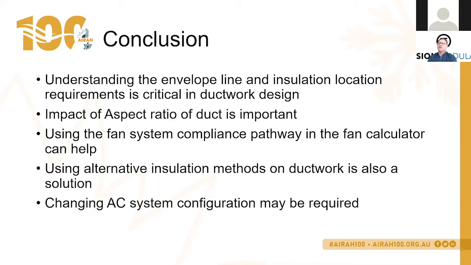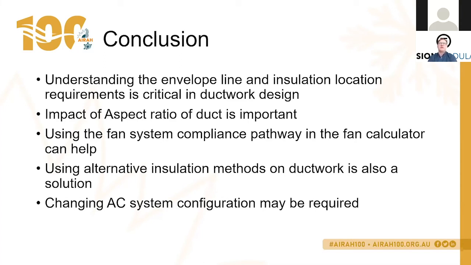The diagram supplied by the Building Codes Board is under the assumption that the majority of the time those two spaces, space B and space C, would actually be air conditioned.